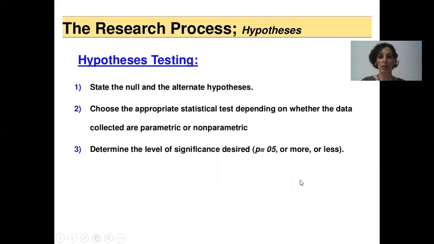Then there is hypothesis testing, because as you know, the hypothesis statement has to be testable. So in this aspect, you have to state the null and alternate hypothesis as well. Choose the appropriate statistical test, depending on whether the data collected is parametric or non-parametric, and then determine the level of significance desired.